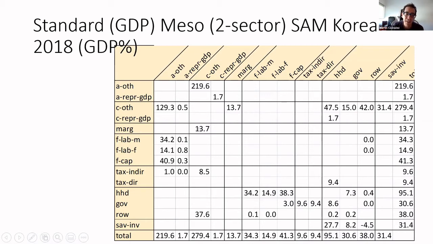This is the trade and transport services that we need to move the production from the farm gate or the factory gate to the market. So this is the production at basic prices.